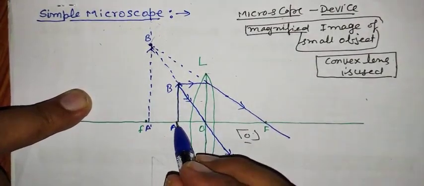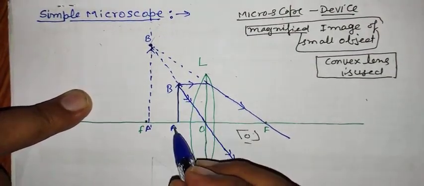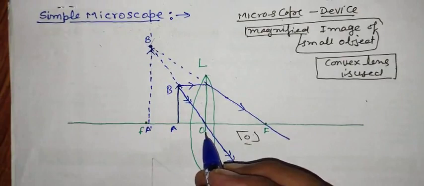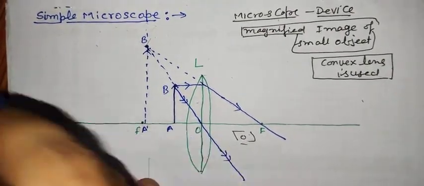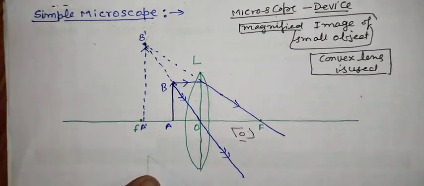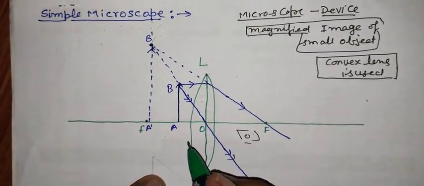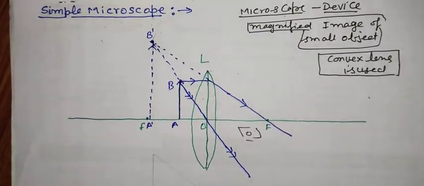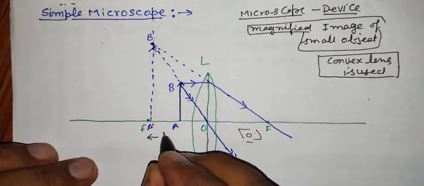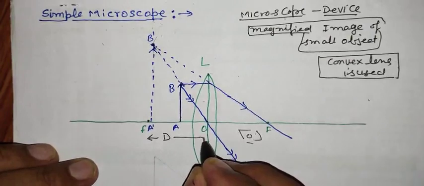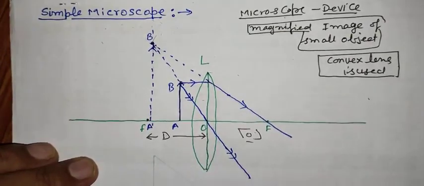It is set in this way. The small object AB is placed at a suitable place in such a way that a clear magnified image is formed at the least distance of distinct vision, capital D, which is here.